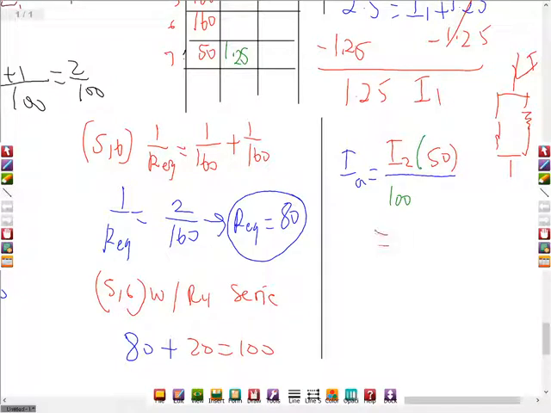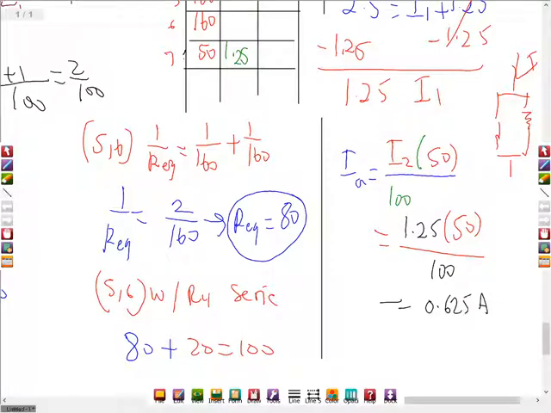And we know I2 is 2.5 times 50 over... I2 is 1.25. 1.25 over 100. If you use your calculator, this is going to be 0.6125, I think so. 1.25 divided by 2, 0.625 ampere.